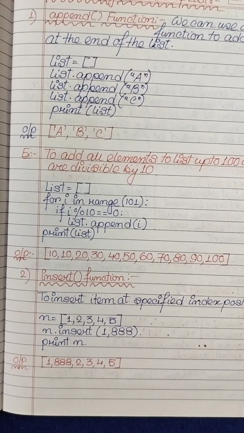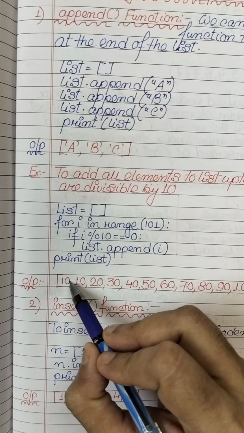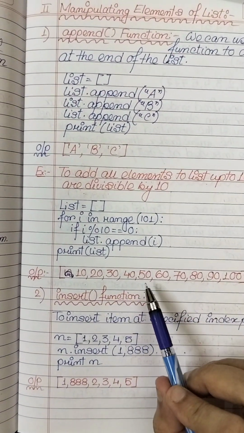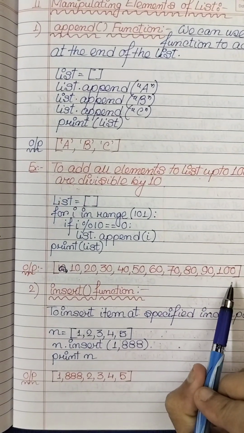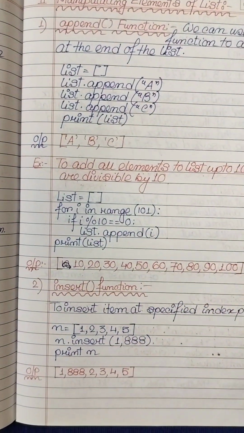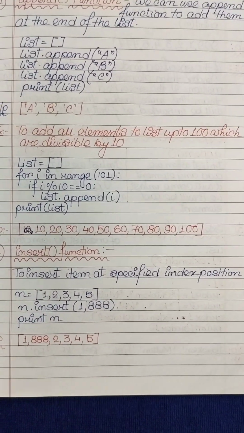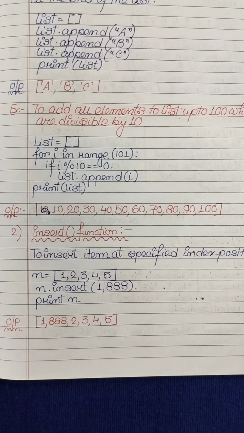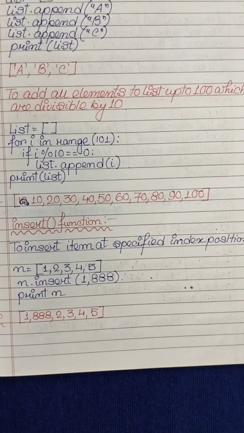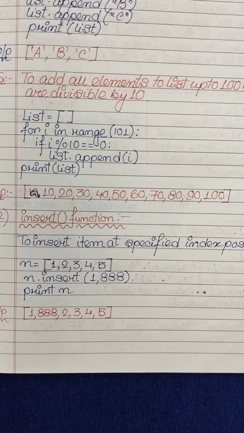The list will be 10 20 30 40 50 60 70 80 90 and 100, because the range starts from 0 to 100. These are the elements that, modulus by 10, give 0 in the remainder section.